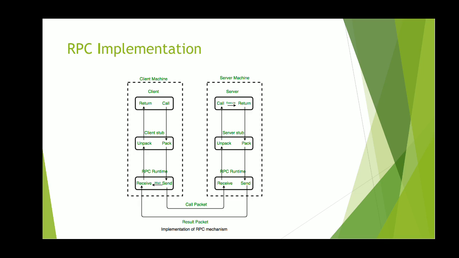This RPC runtime in the server will send the data back to the RPC runtime in the client, and this RPC runtime gives the data back to the client stub. The client stub does the necessary unpacking of the data and gives it to the client application. So the client application will continue with its next instructions.